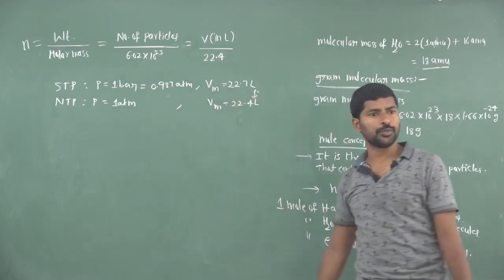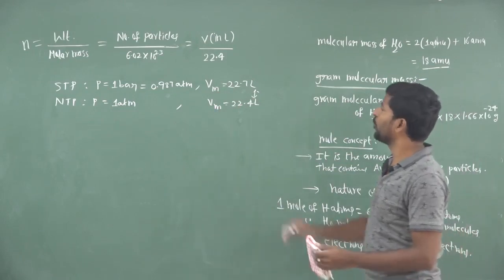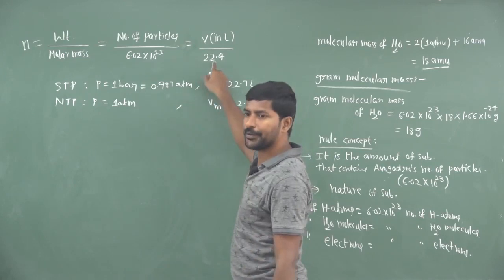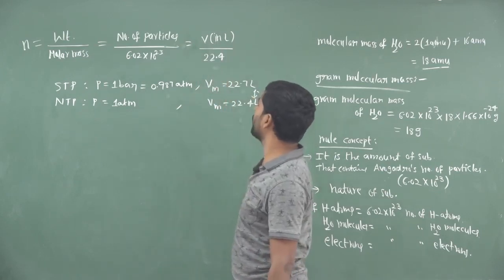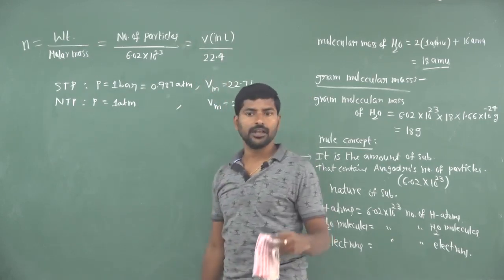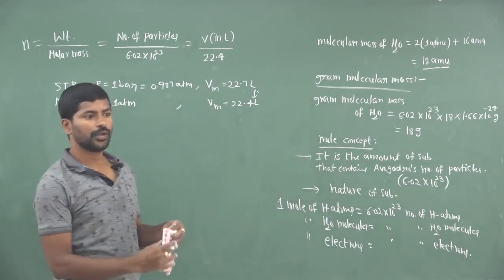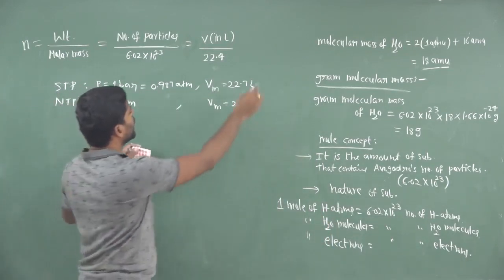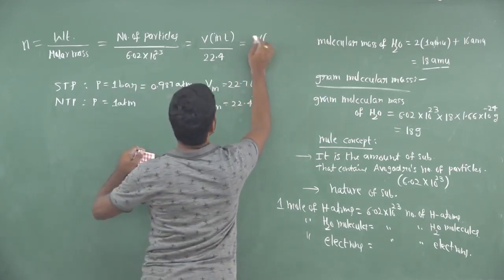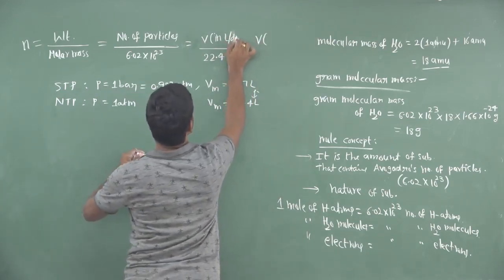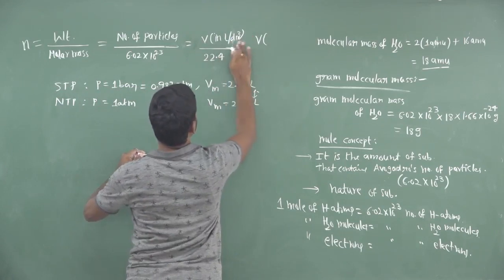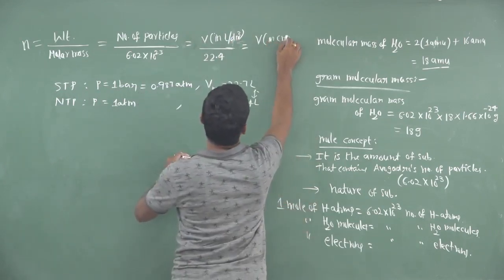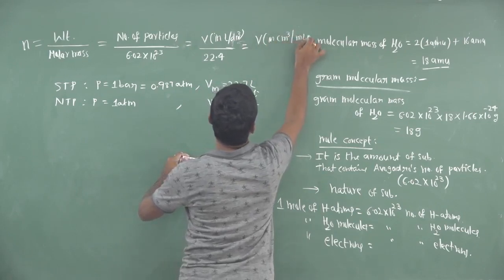So you follow 22.4. Okay, so volume in liters by 22.4. If I am giving 44.8 liters of gas under NTP conditions, how many moles of gas? 2 moles of gas. If you substitute volume in liters or decimeter cube, 1 decimeter cube is equal to what? 1 liter. Next, volume in centimeter cube or ml.